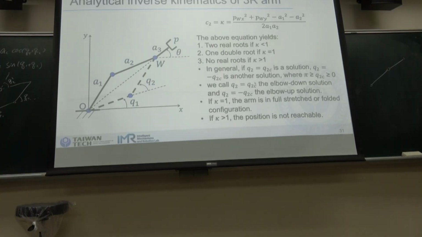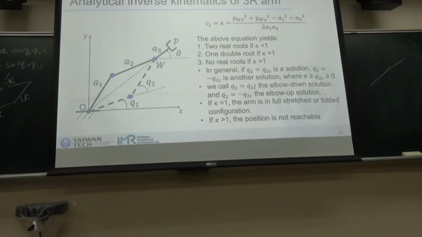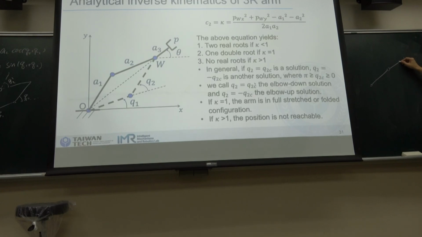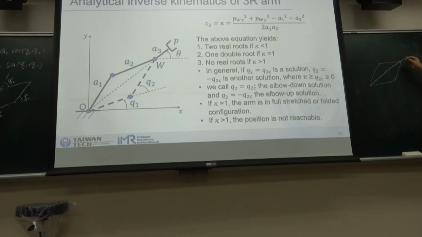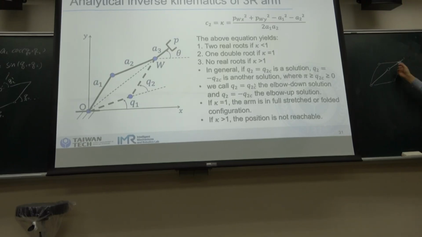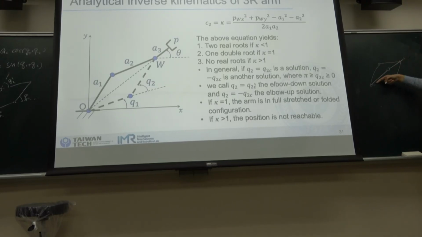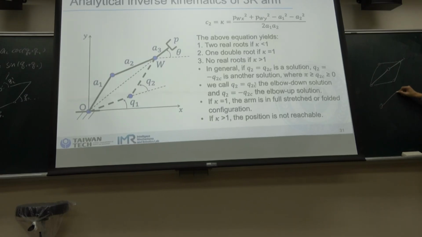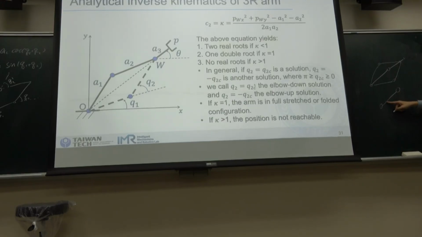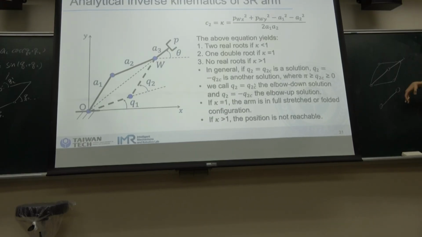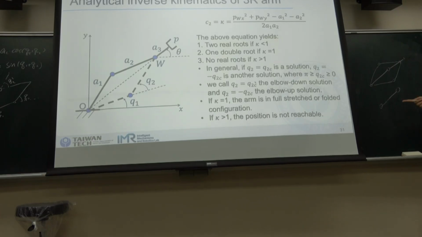It will be only one, right? Because it's all straight. But for any point inside, we can find two solutions. If the arm is in a line and we want to go to a point inside, you need to bend it back.